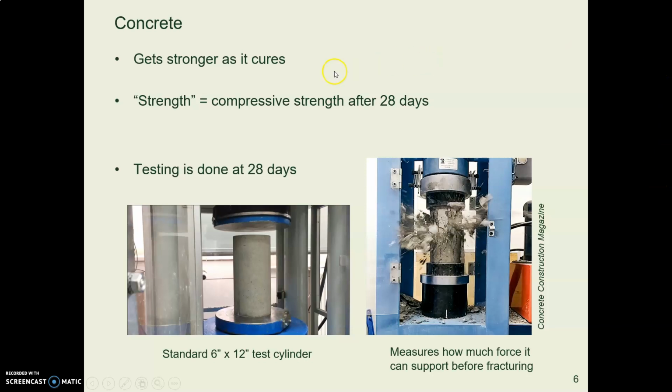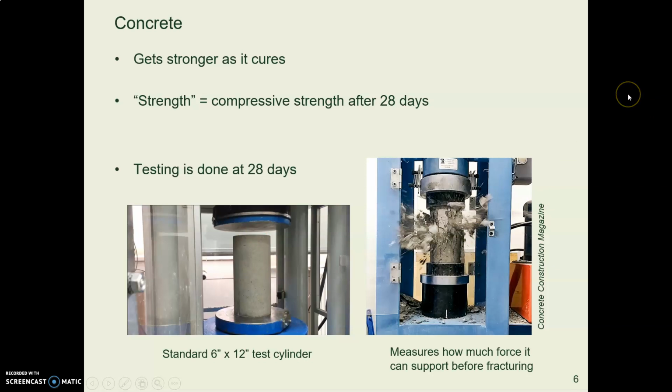So in our specs, we say we want concrete mix with such and such a compressive strength at 28 days, and so when the concrete is poured, they pour these 6 by 12 inch cylinders, samples at the same time.